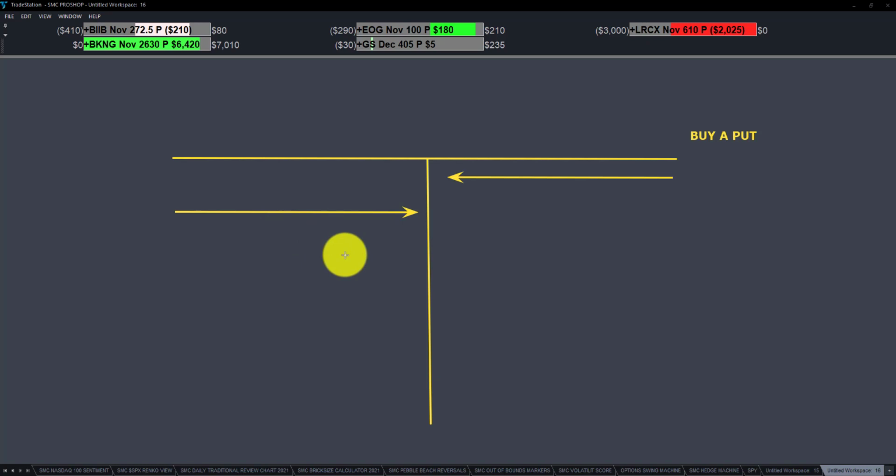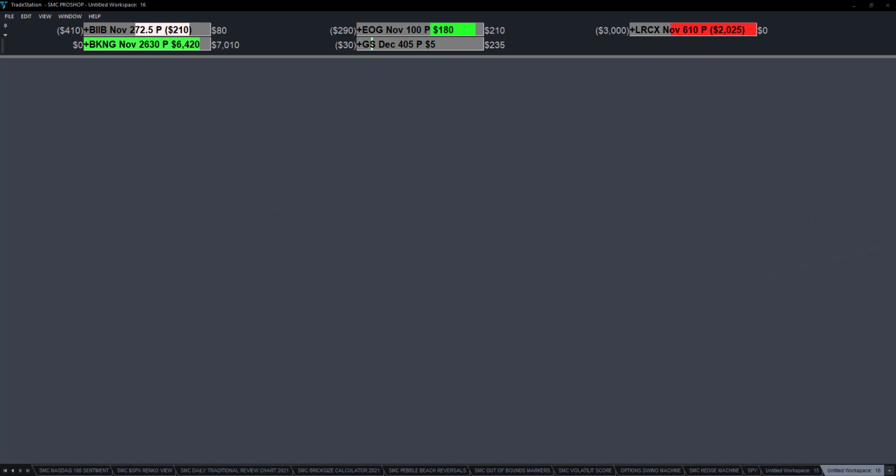And if you want to reduce your cost, you can do what is called a vertical spread. Buy the put, sell a put, buy a call, sell a call. When you buy, you're getting debited, and when you sell, you get a bit of a credit, and it reduces your cost. But here, all we did was to buy puts on these markets. So let's clear that.